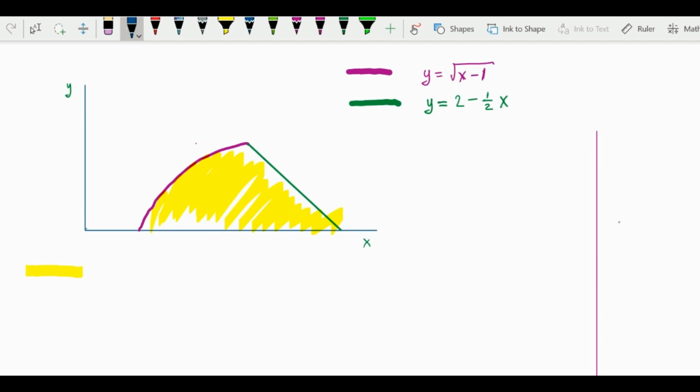I could integrate in the x direction where we're finding, again, rectangles that are thin like that with widths dx. So we could say that the area is going to be equal to the integral under the purple curve, but then we're going to have to add to it the area under the green curve.